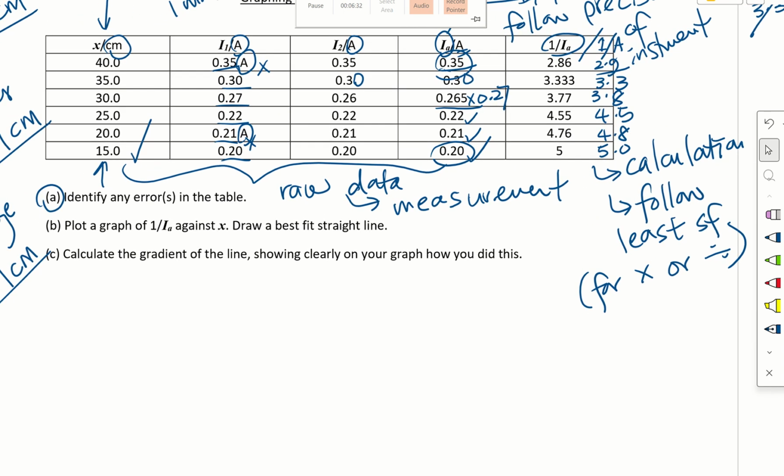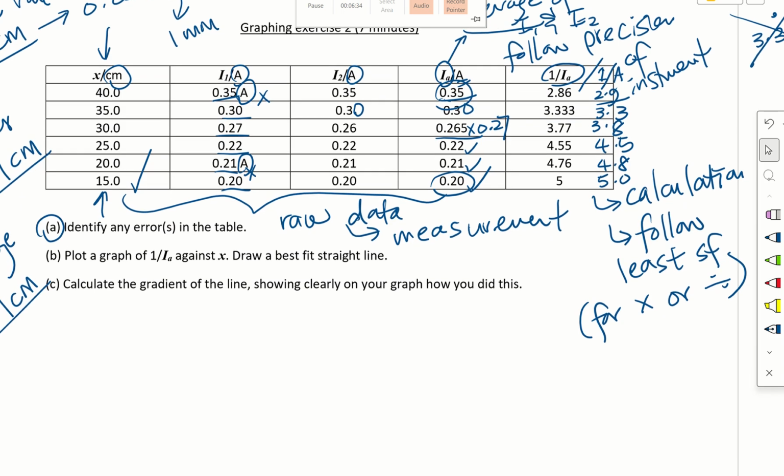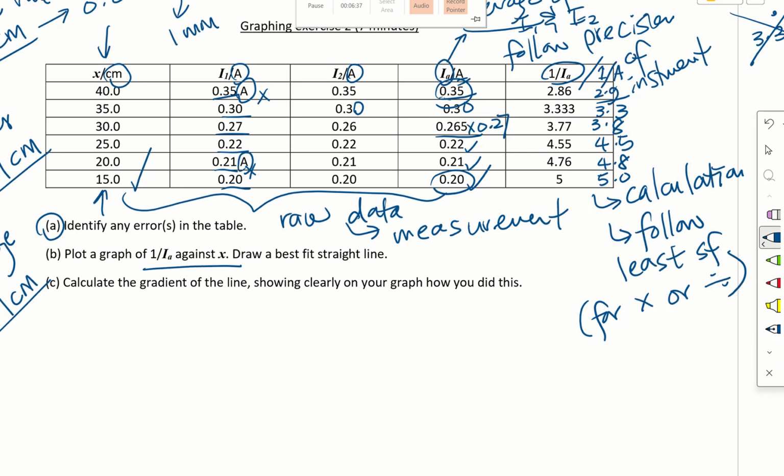Okay, so now that we are done with this, it's a bit messy. They want us to plot a graph of 1 over IA against X. Okay, so this will be my X-axis, and this will be my Y-axis, right? Y against X, right? So this will usually be the independent variable, and this will be the dependent variable.